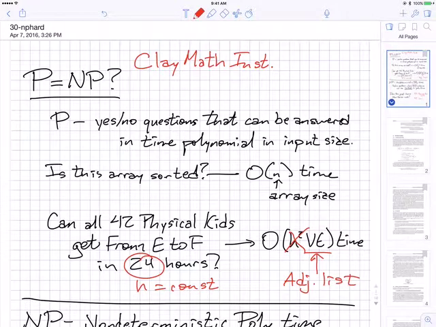Right? So I think it's actually fair to say this is not only the most important open question in theoretical computer science, it's not only the most important open question in computer science, but it is in fact the most important open question in science. So the Clay Math Institute will give you $1 million.